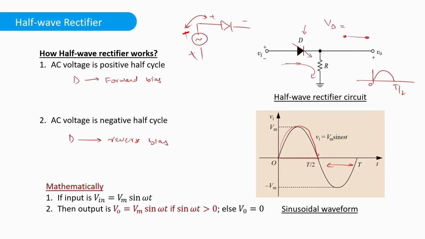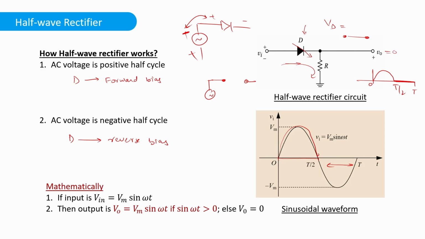And due to reverse bias, we will assume that this is an open circuit. This diode will act as an open circuit. So once this diode acts as an open circuit, there will be no flow of current and hence there will be no output voltage. So from T/2 till T, we will have no output voltage over here. You can see it over here.